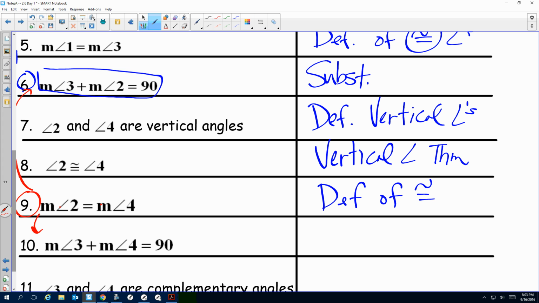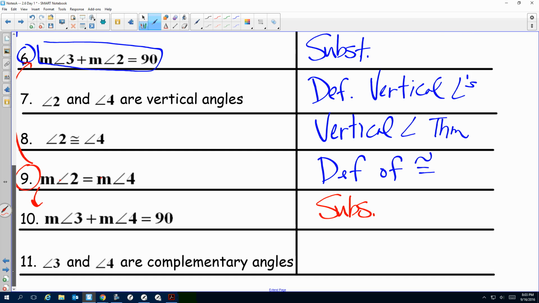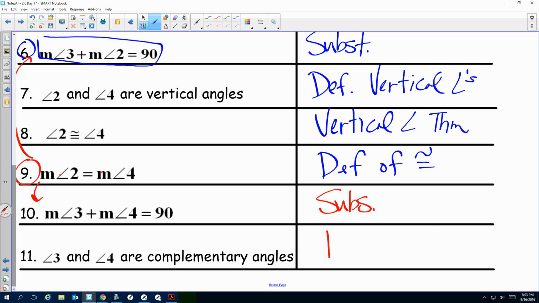But now by substituting, the measure of angle 3 plus the measure of angle 4 equals 90. So I'm substituting here again. And if they have a sum of 90, then they are complementary. So we have just proved that they're complementary by the definition of complementary angles.